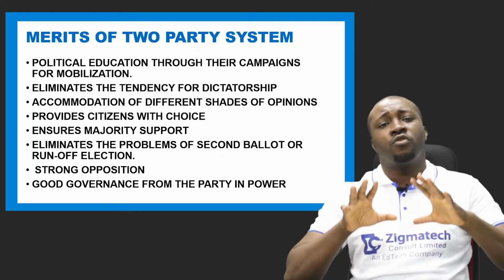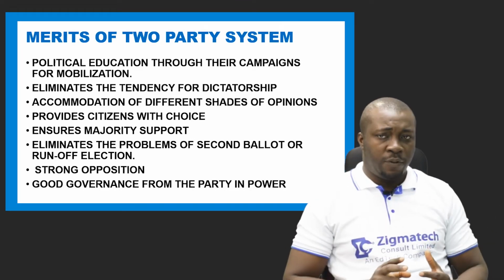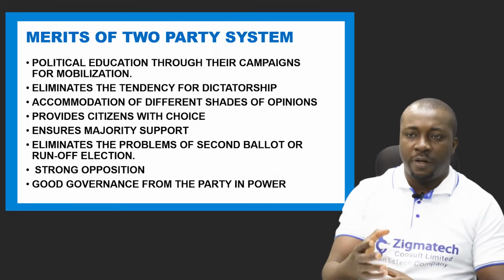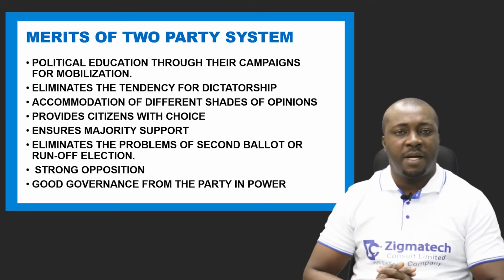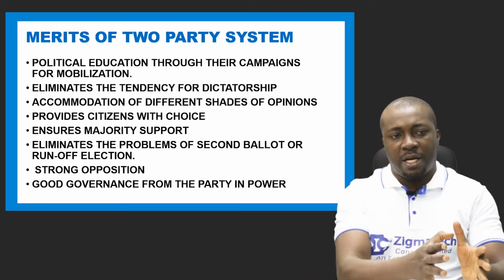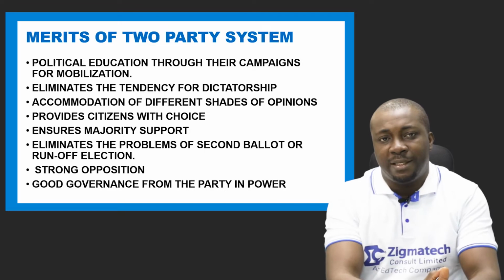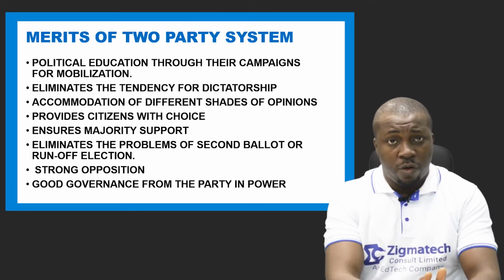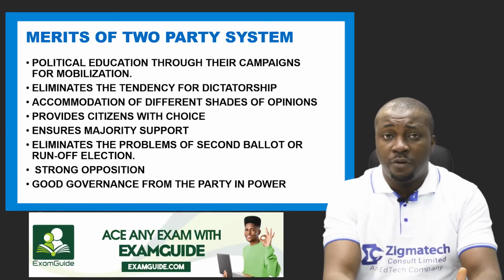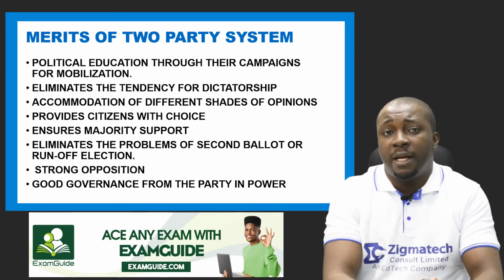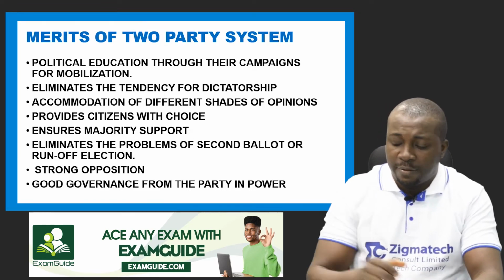So you see that you have very strong opposition where you have two-party system. Then it promotes good governance from the party in power because there is a check of the opposition on the party in power. Because of that watchdog role of the opposition, the party in power has no choice but to do something that will make it remain in power, and that is good governance.